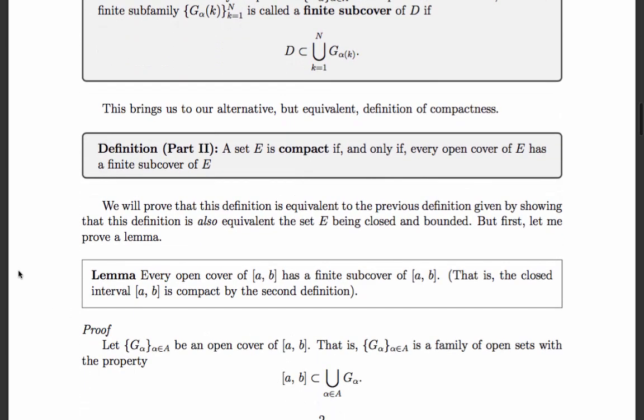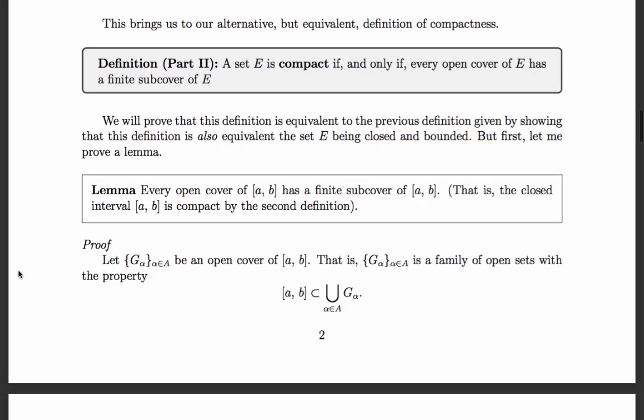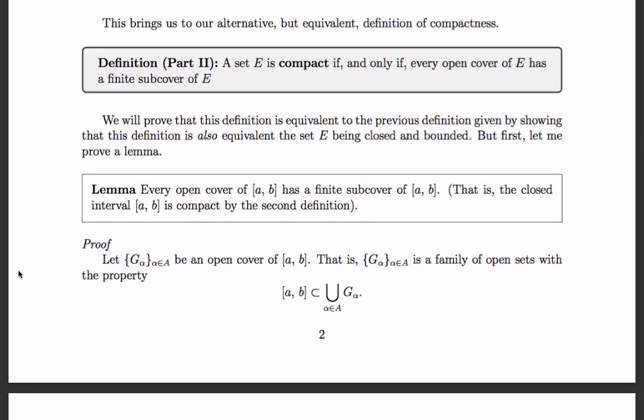So, in order to build up some machinery, to one, just get comfortable with this idea of describing sets by ways of open covers and finite subcovers, and to give us the tools we need to prove that a set is compact if and only if it's closed and bounded, we're going to prove this lemma. Every open cover of the closed interval a to b has a finite subcover of the closed interval a to b. That is, the closed interval a to b is compact by the second definition, the one right up here.